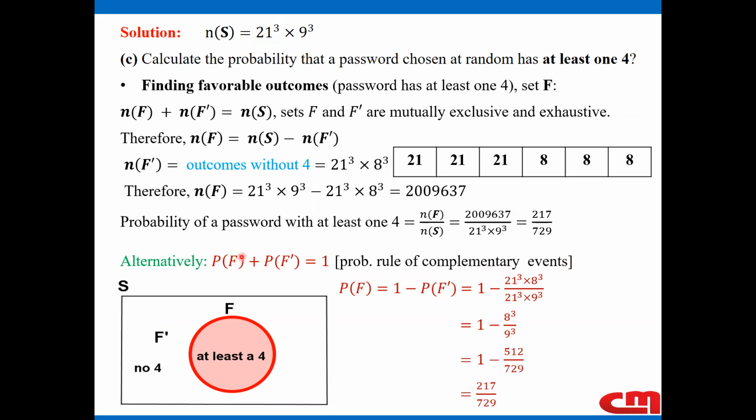We simply say the probability of a set F plus the probability of its complement will give you 1. This is all it takes, and it's good that you get used to solving problems using the mutually exclusive and exhaustive concept and the probability rule of complementary events. I think with this, I stop here.